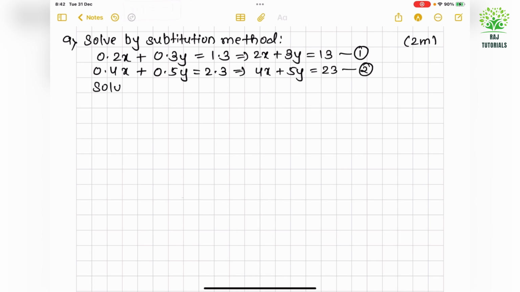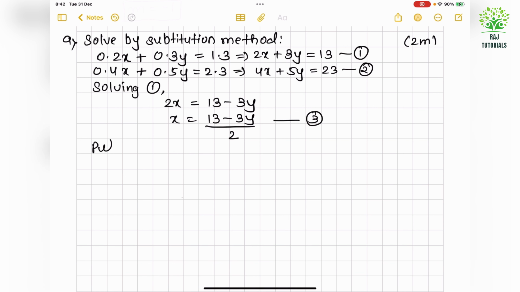Now solving one, I will have 2x equal to 13 minus 3y. So x equal to 13 minus 3y upon 2. Let me call this number 3.